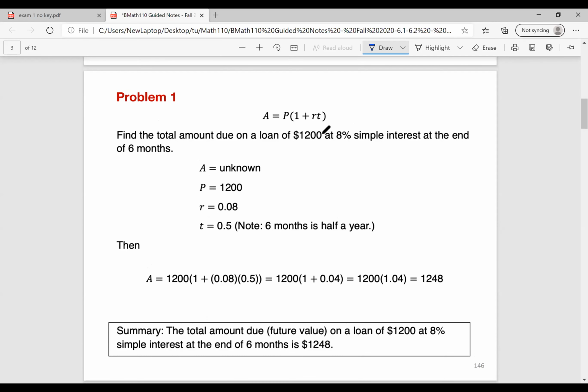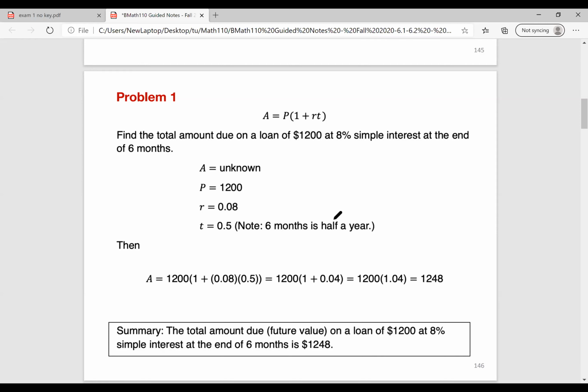Problem number 1: find the total amount due on a loan of $1,200 at 8% simple interest at the end of 6 months. This problem is about simple interest.